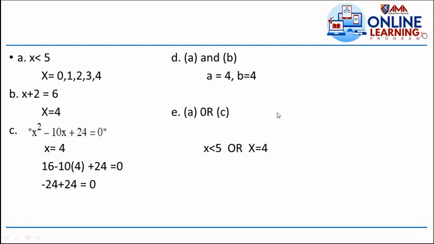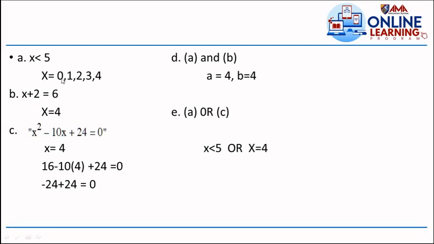Okay? Next for letter E, A or C. Okay? So x is less than 5 for statement A. For statement C, the value of x is equal to 4. Okay? So we have your statement C is true while your statement A is false.